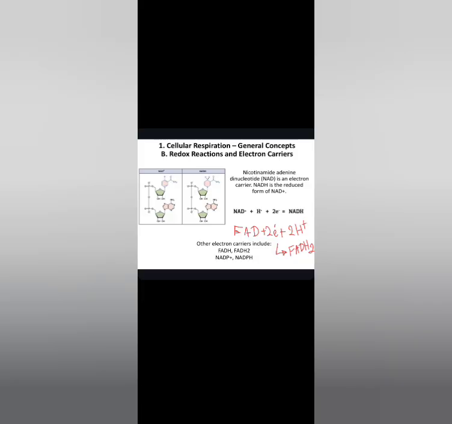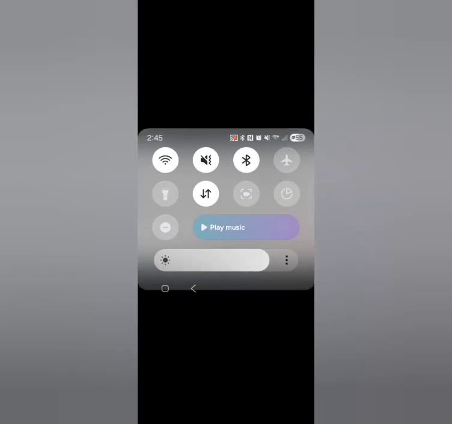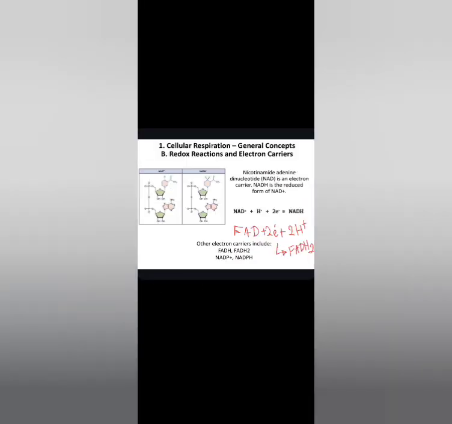NADP+ can undergo reduction, can be reduced to gain electrons. It will gain 2 electrons and 1 hydrogen ion to make NADPH. But we'll talk about NADPH next week. Any questions so far? Is anyone completely lost?